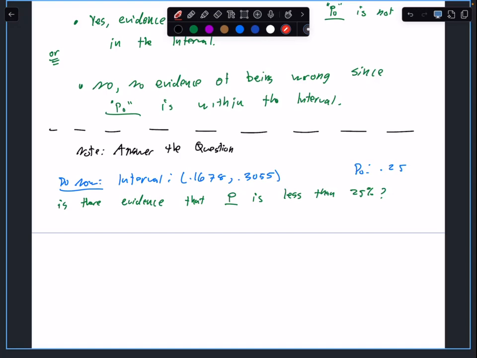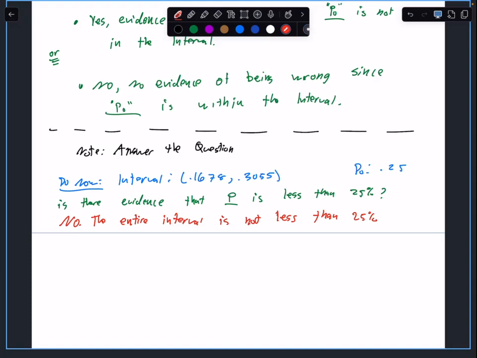The answer is no. The entire interval is not less than 25%. So in order for there to be evidence that it's under 25%, the entire interval needs to be less than 25%.